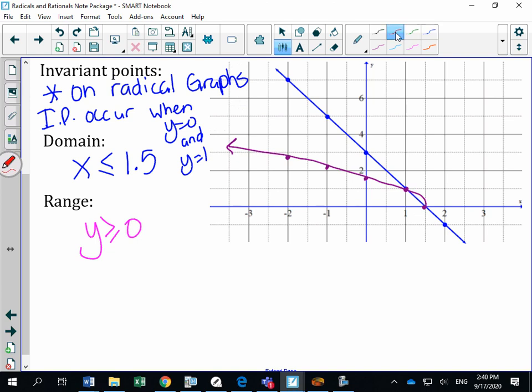So if I go to my graph, here's y is 0. That's going to be an invariant point. And that coordinate was 1.5 and 0. Here's y is equal to 1. That's going to be an invariant point. And that point would be x is 1 and y is 1. Invariant points on radical graphs always occur when y is 1 and y is 0.